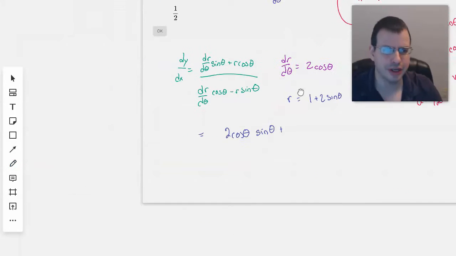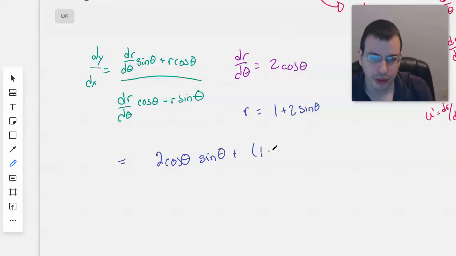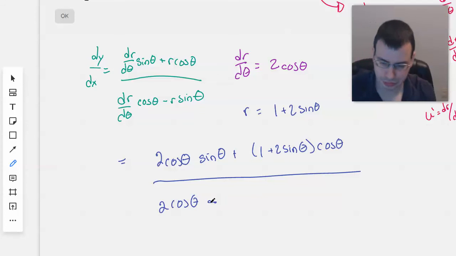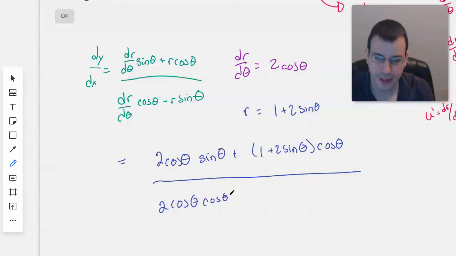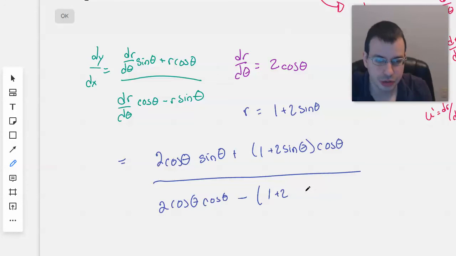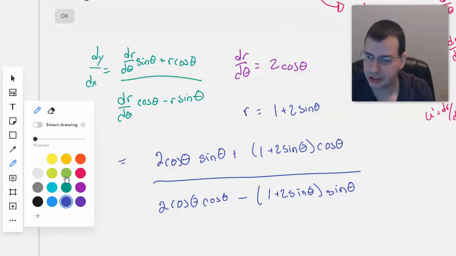So: 1 plus 2 sine of theta, cosine theta, all over 2 cosine theta, cosine of theta, minus, convenient, 1 plus 2 sine theta, sine theta.